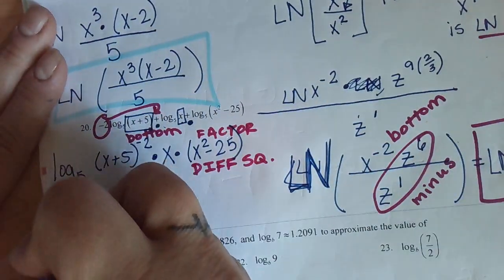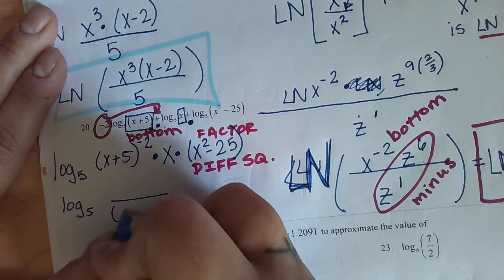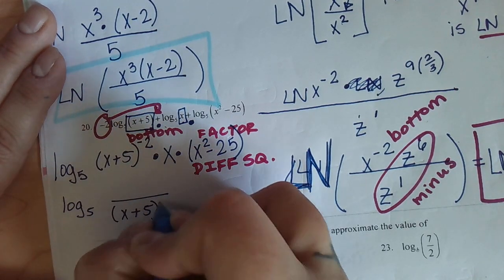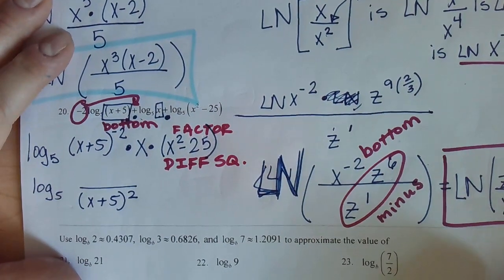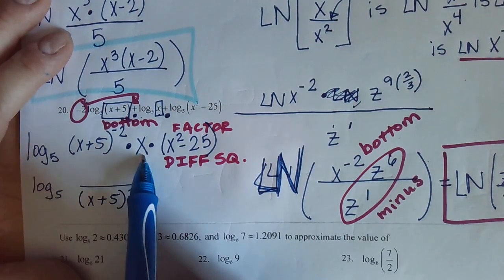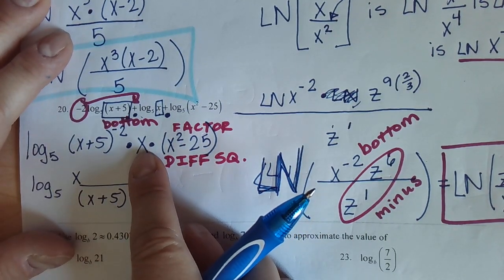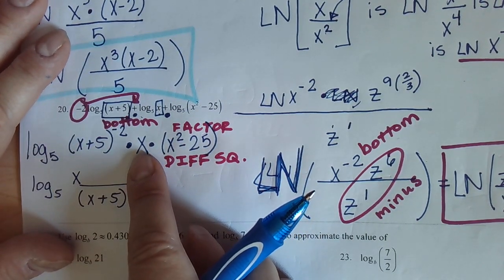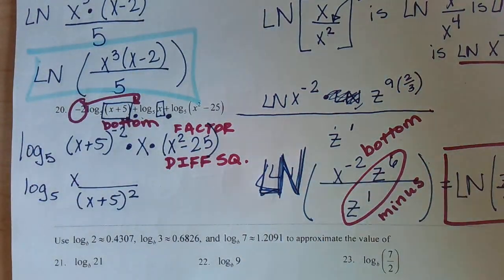Okay, so we're going to have log 5 fraction. The x plus 5 to the 2 goes to the bottom. And when it goes to the bottom, the 2 becomes positive. On the top, I have an x. I know that x stays on the top because he does not have a negative exponent. On the top, I also have x squared minus 25.